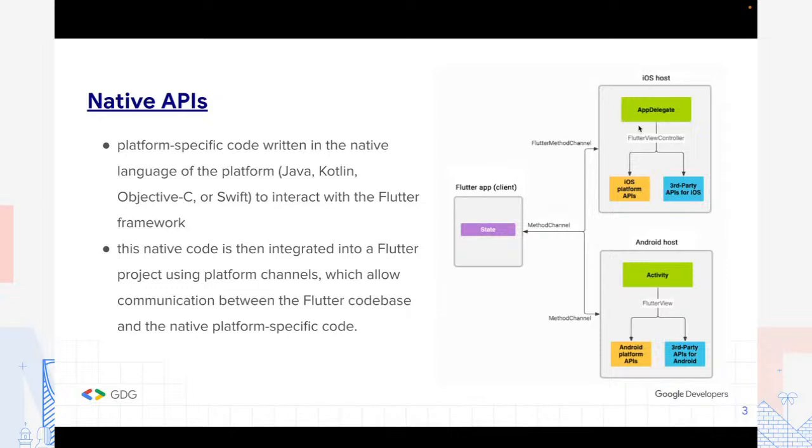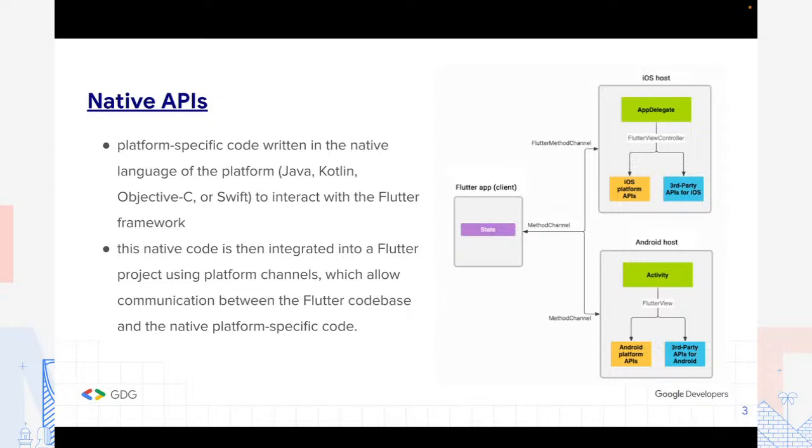And in iOS host, we have something called the app delegate. And this is the one that is going to exchange the messages between the iOS and the third party APIs for iOS. So whenever you write the code for iOS using the Flutter View controller, the exchange of the messages will happen and you're going to get the response.